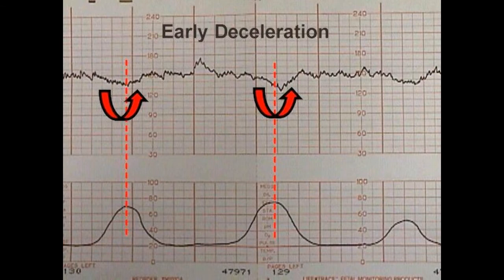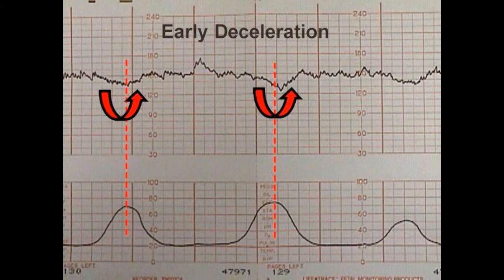So what we're looking for is decelerations or accelerations, but accelerations are not as concerning as decelerations. When we look at these decelerations, we want to know, are they occurring before that halfway mark or after that halfway mark? That's going to let us know how the baby's doing. If you notice a drop in heart rate prior to that halfway mark, that's called an early deceleration.